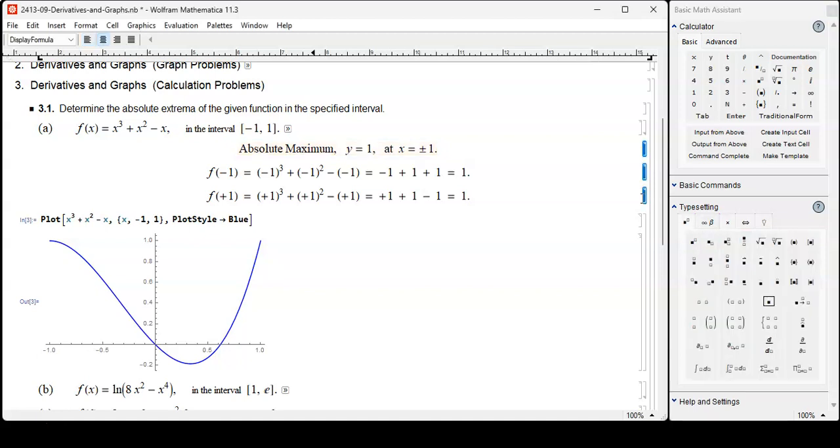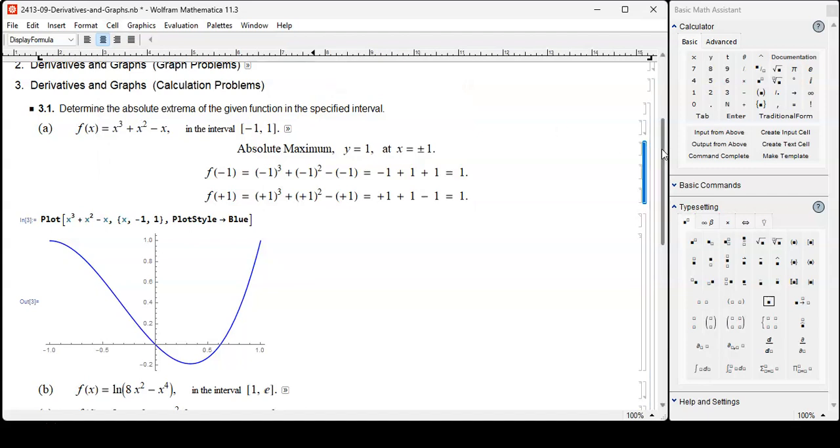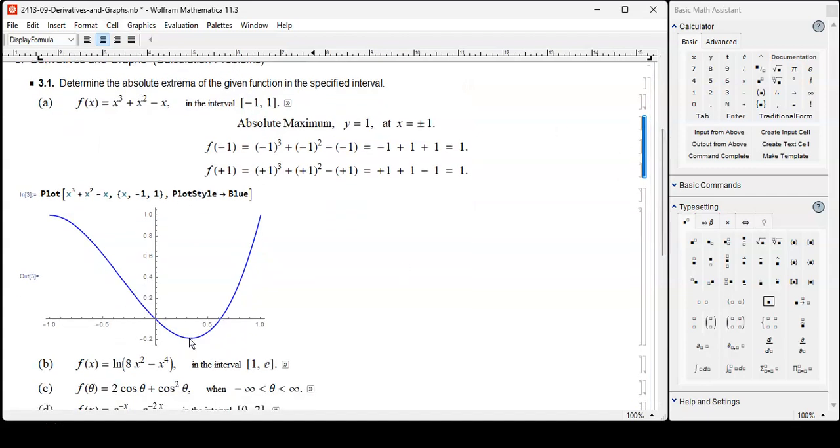And then here's the reasoning. Okay, all right.